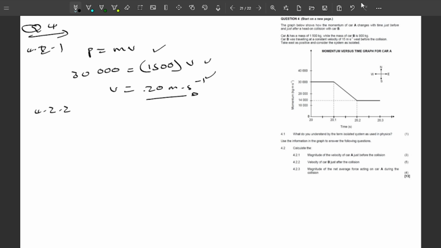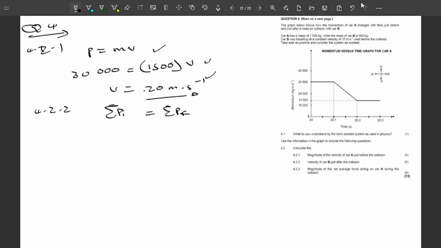Right, now calculate the velocity of car B just after the collision. For that one, it's going to be a little bit tricky if you are thinking of using the momentum formula, because you can't. You just have to use the principle of linear conservation of momentum. So the sum of momentum before is equal to the sum of momentum after.